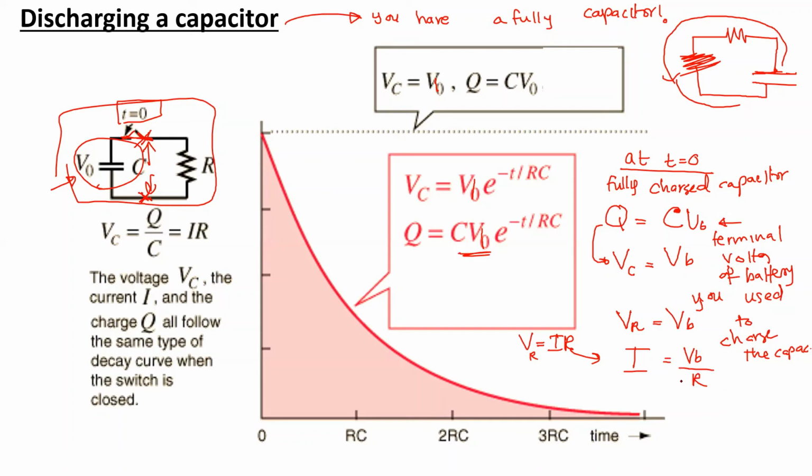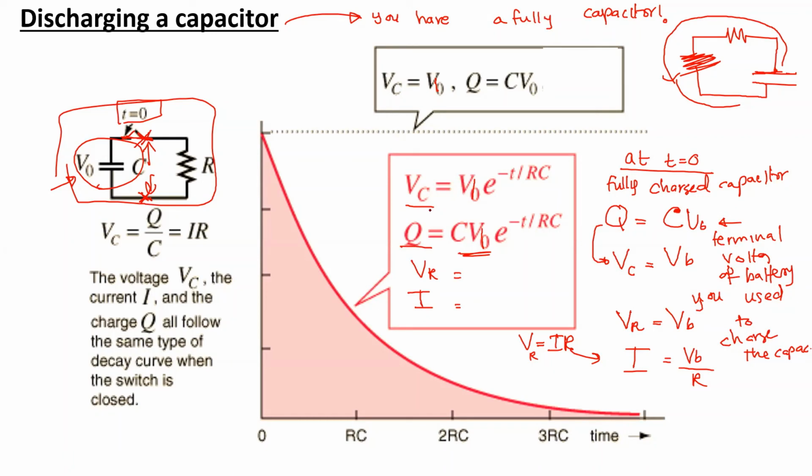This discharging of a capacitor is very easy. Why? Every parameter is maximum at t equals 0, and with time it will start dropping. Not only VC and Q, but VR and current will also follow a decreasing trend.